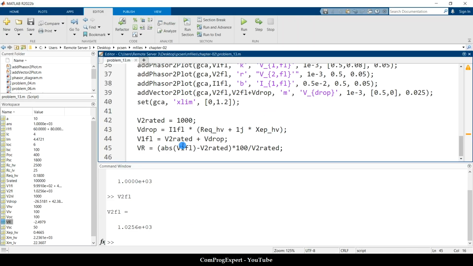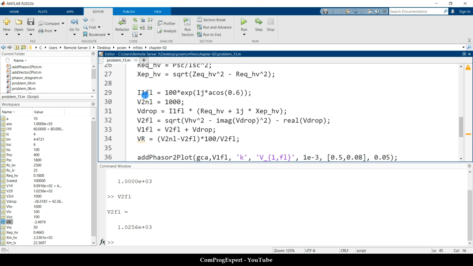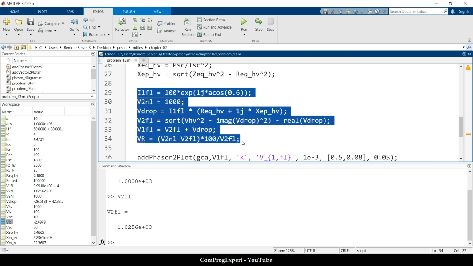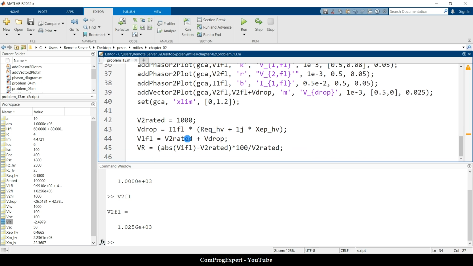So a counterpart calculation. In this case, we assume a fixed number for the amplitude of the V1 and calculate the variation in the amplitude of the V2. And in this case, let's write the voltage regulation using the new method.